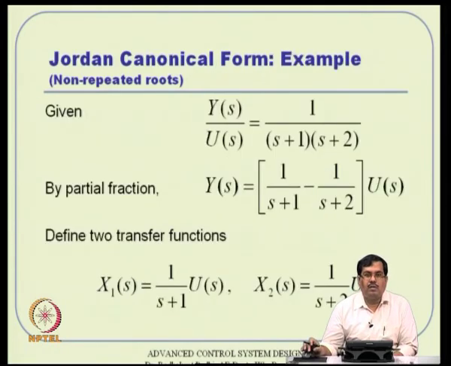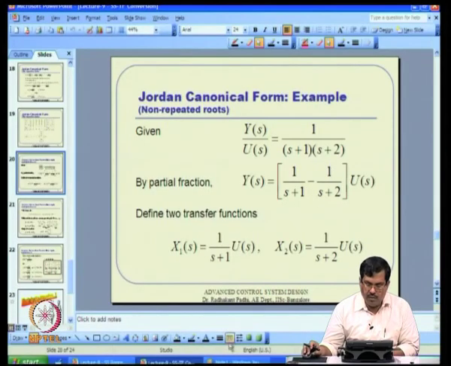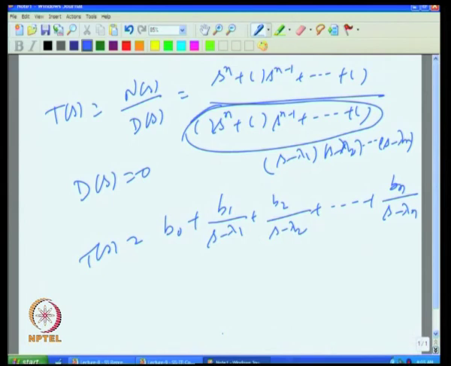All right. Now, let us see a small example here. Let us say Y of s by U of s is given in this form. Remember, this is already factorized and it is already a strictly proper polynomial. Okay. So, that b 0 term will not be there. Now, if I do the partial fraction decomposition for this, which is actually very easy, let us try to do it here. Okay, 1 by s plus 1 into s plus 2. Let me erase this again and then try to do something.